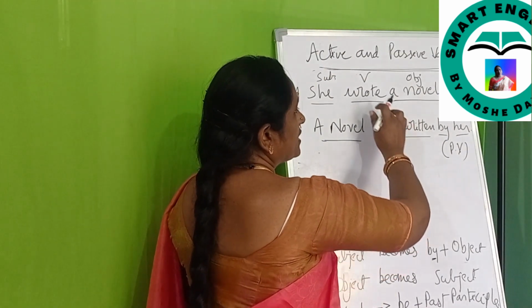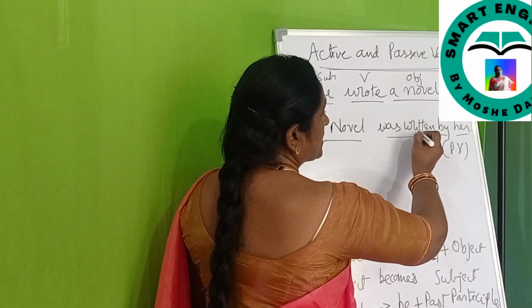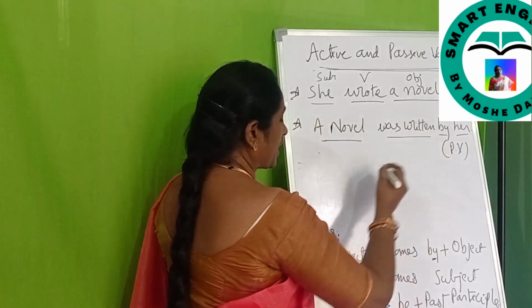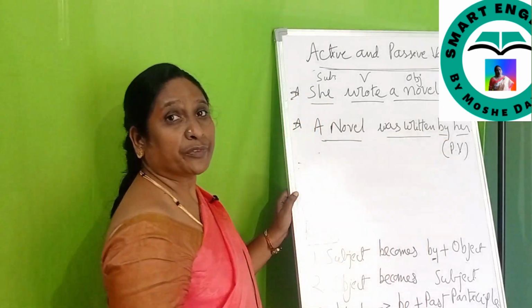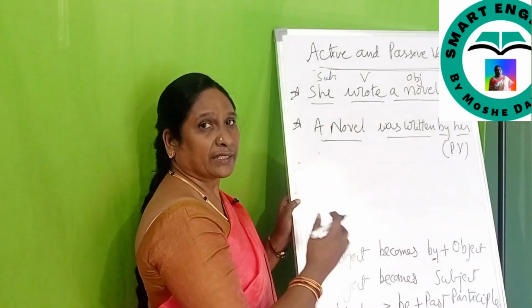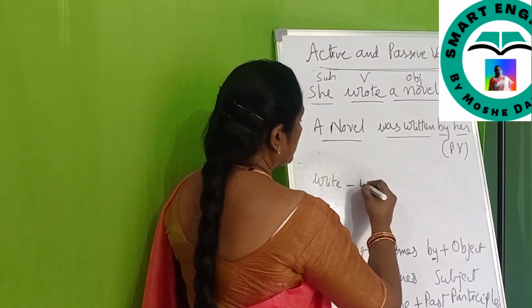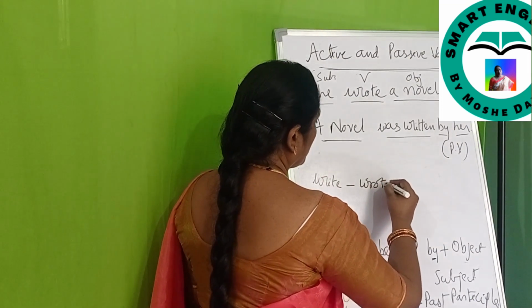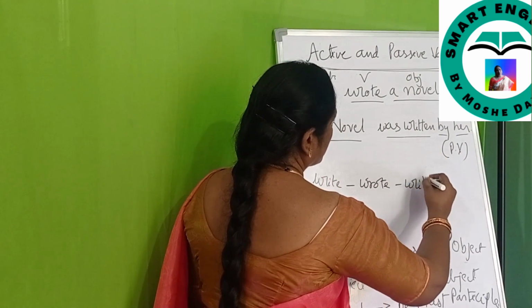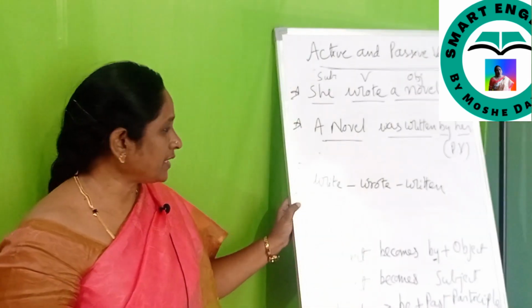And when you come to this verb, it is be form plus the third form, the past participle form of the verb. What are the other forms? See here, write, wrote, and the past participle form is written, right?